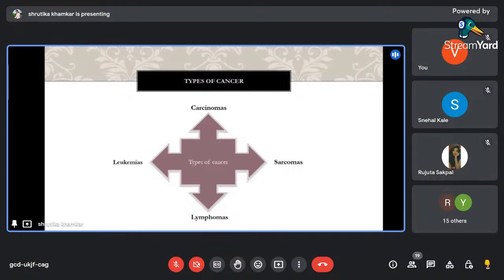These cancers constitute about 2% of human cancers. Lymphomas are cancers with excessive production of lymphocytes by the lymph nodes or the spleen. Leukemias are neoplastic growth of leukocytes like WBCs, characterized by excessive production of the cells.